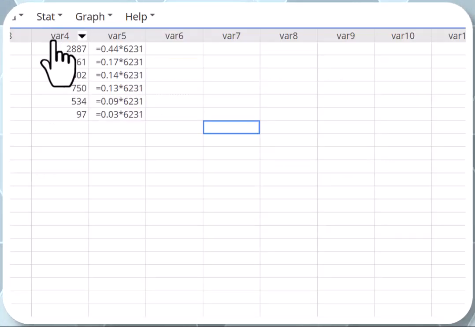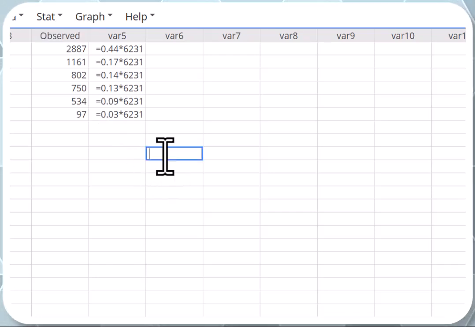So I input the observed values under variable 4, but look what I'd like you to do here. When you use StatCrunch, it will be straightforward. Where you put the frequencies, the observed values, change the name from variable 4 to observed. And here they're going to be the percentages of the total. I just put them here to show you how we're going to calculate those using a scientific calculator. Change the name here and call it expected.